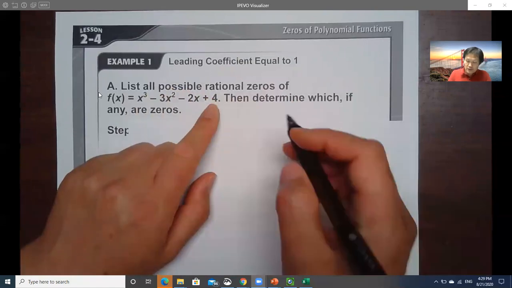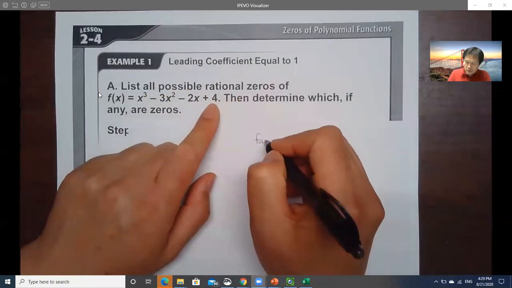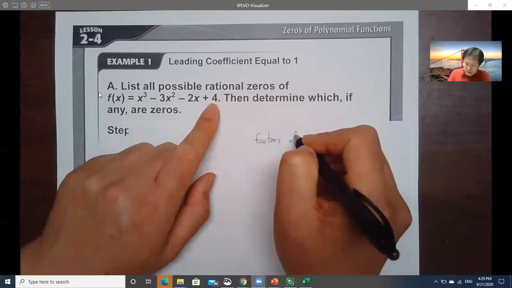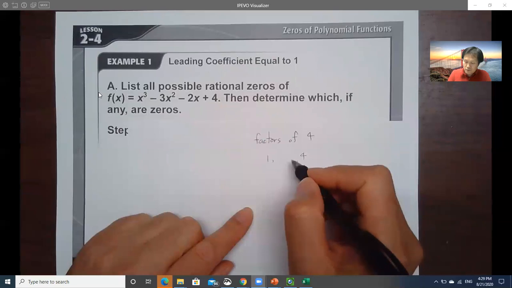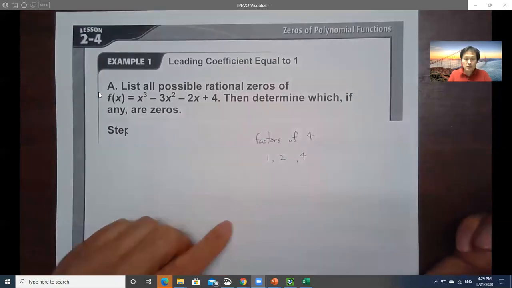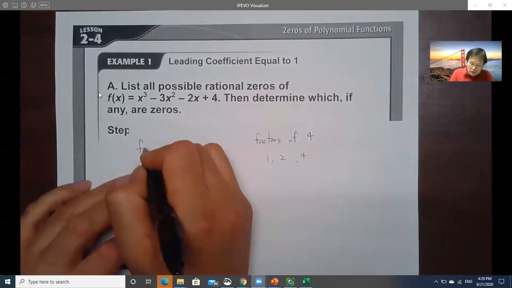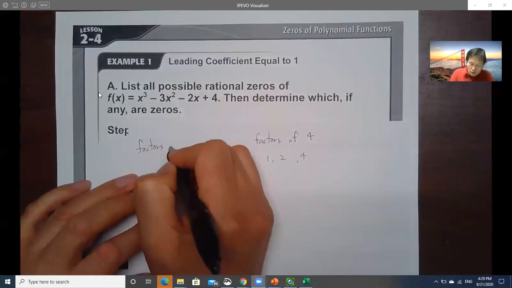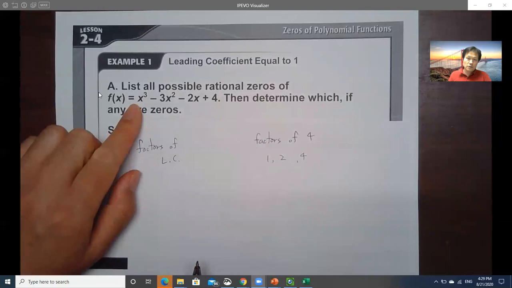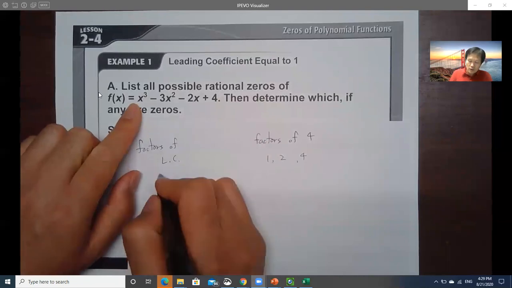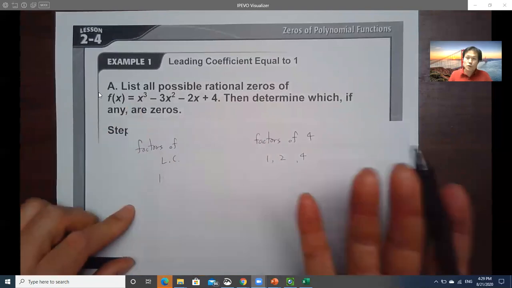Factors of the constant. Factors of 4 are what? 1 and 4, 2 and 2. Factors of the leading coefficient: the leading coefficient is the number in front of the highest power of x, which is 1. So the factor of the leading coefficient is just 1.